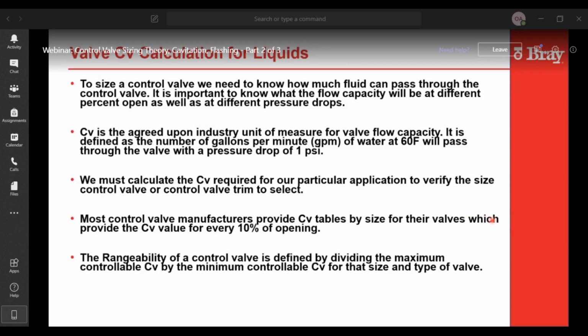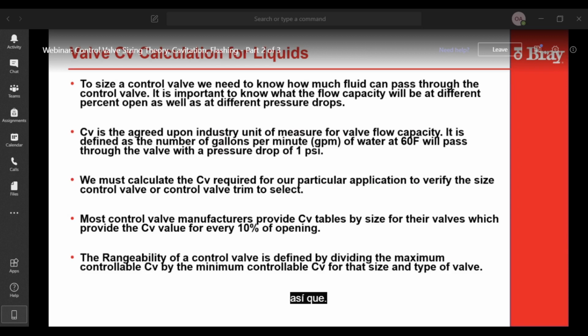Yep. So the F sub L, all we just went through is determining what style of valve you pick, which will be dependent on its valve recovery factor. Now we'll talk about how you pick the right size valve. The right size valve is determined by the C sub V factor.